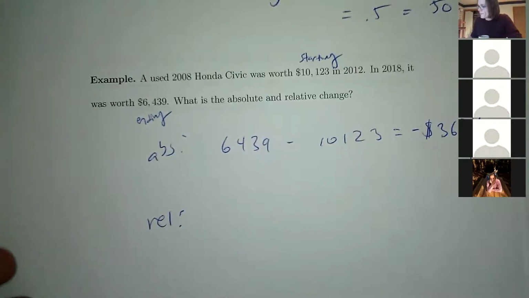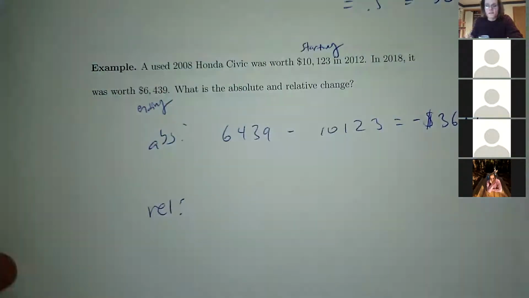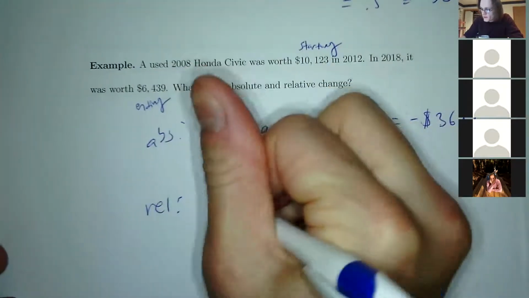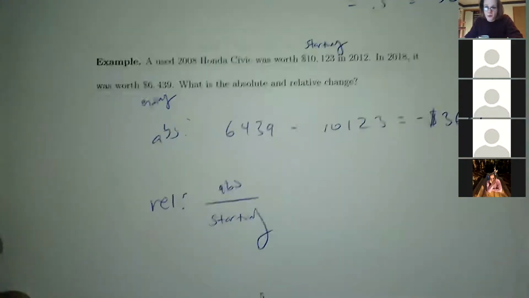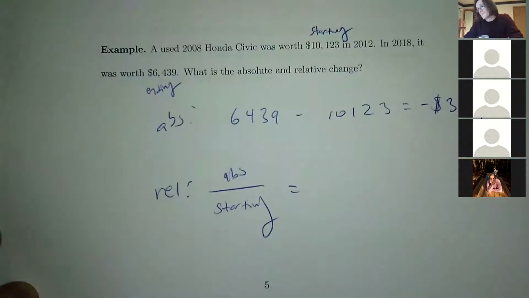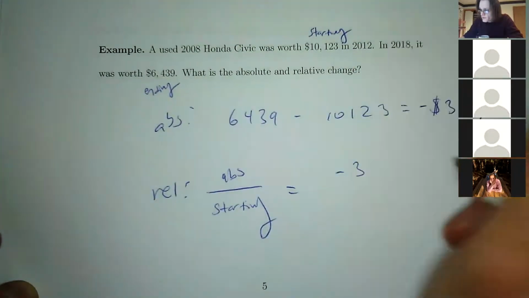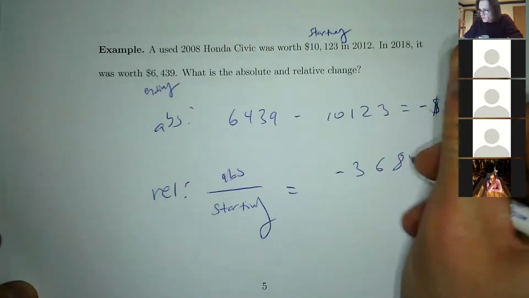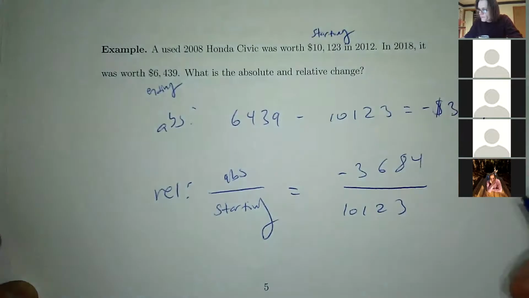But anyway, so now for the relative, just like up here, it's going to be absolute over starting. And you probably want to write it as a percent. I'll do it as a decimal to begin with. My absolute change was minus about 4 grand, minus 3,684, over the starting, which was 10,123. Okay.